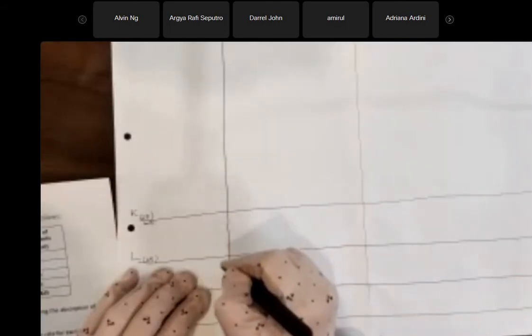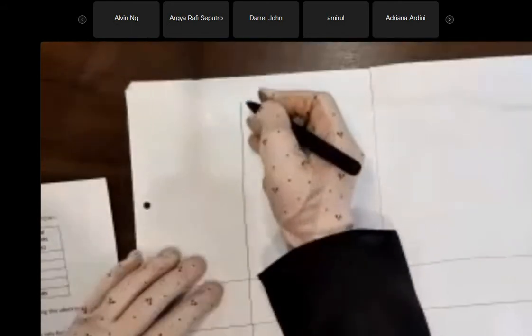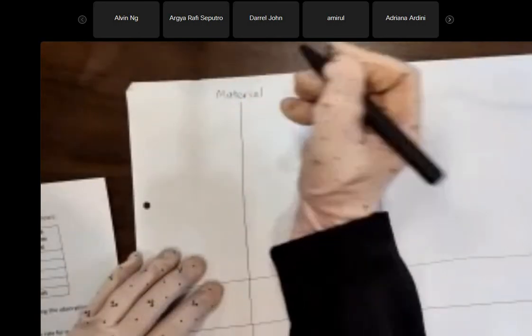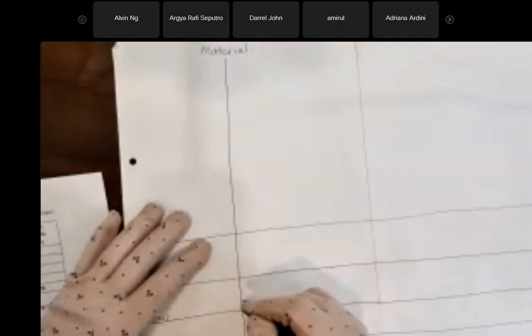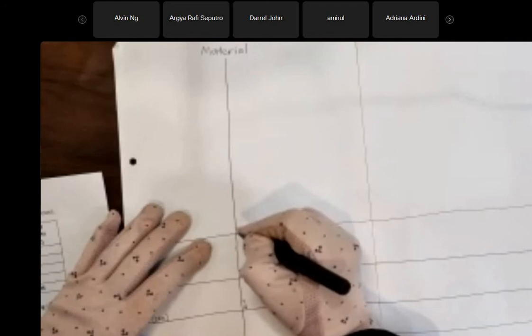What is the first one we want to absorb? It is material. You have to distribute the material to the product.